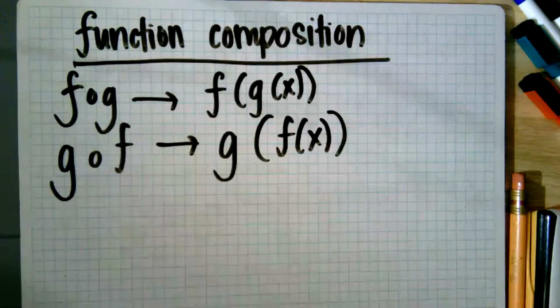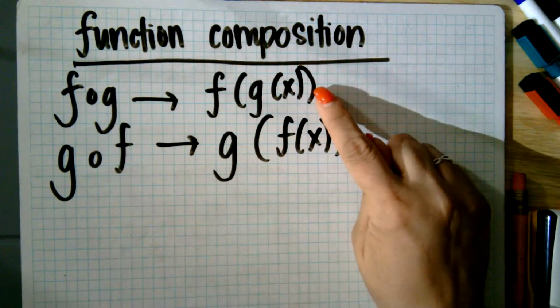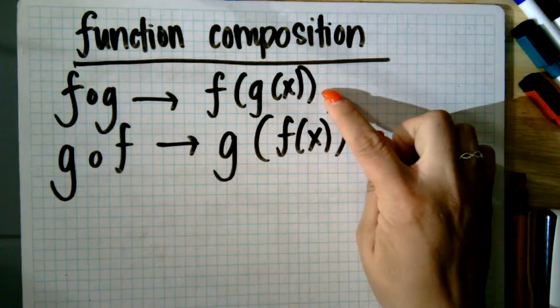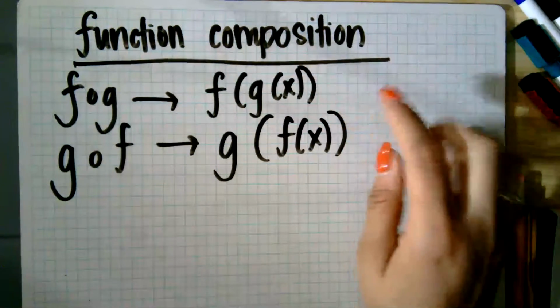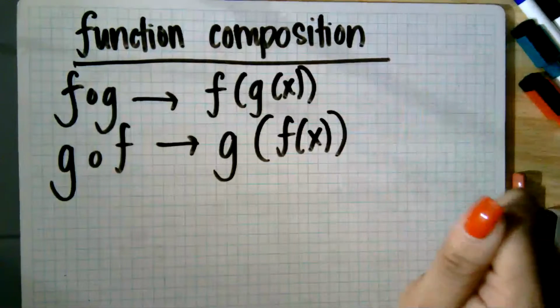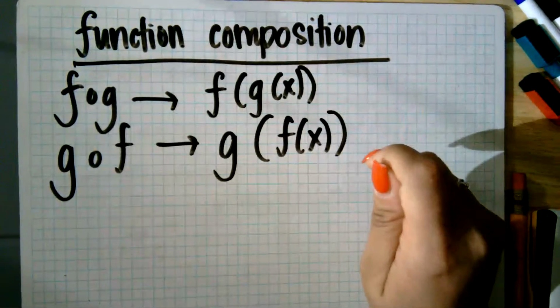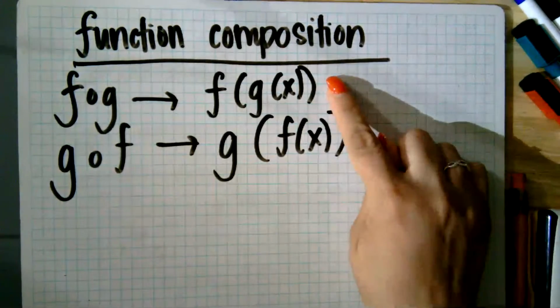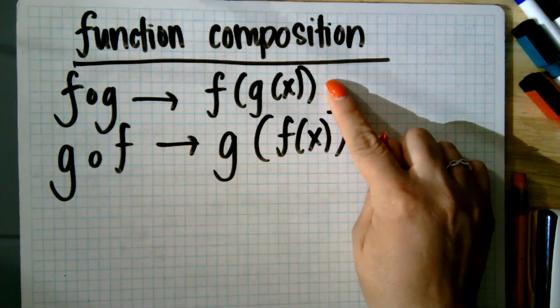The easiest way that I can describe this is I can look at these in two different ways. I use an analogy of a pregnant lady and a baby. So who's the pregnant lady on this one and who's the baby? Remember, the baby is inside the womb of the pregnant lady.